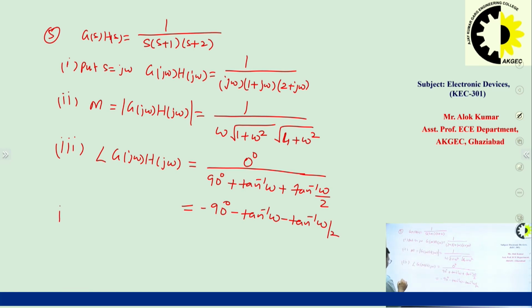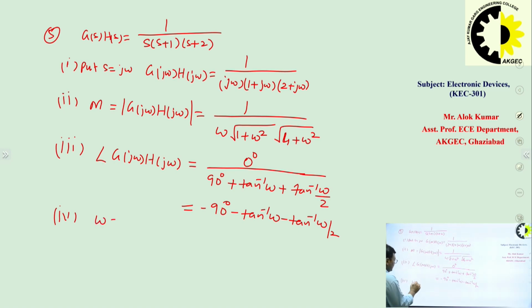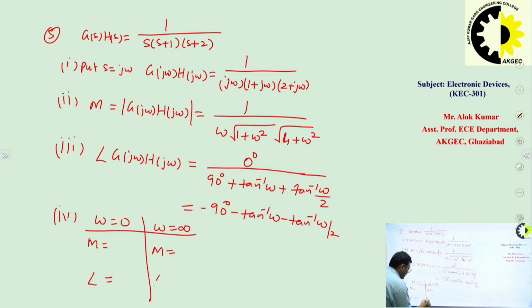So in next step, if I put omega is equal to 0 and omega is equal to infinity, we can calculate the value of magnitude and angle. At omega is equal to 0, you can see from here, the magnitude will be infinity. For omega is equal to 0, this will be 0, this will be 0, angle will be minus 90 degree, right.